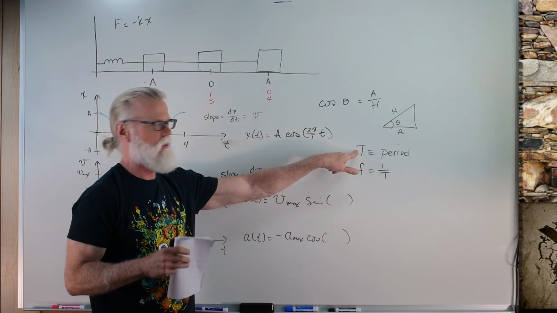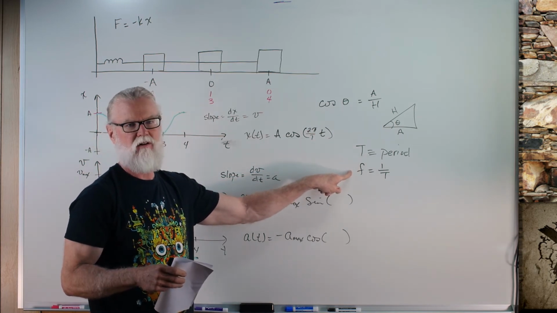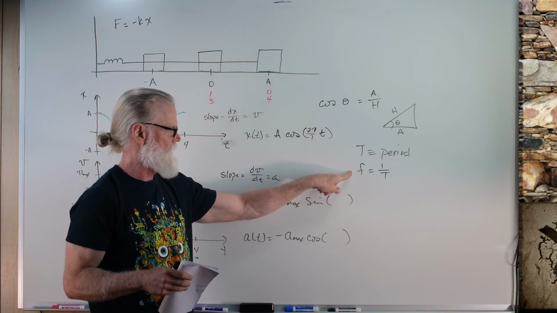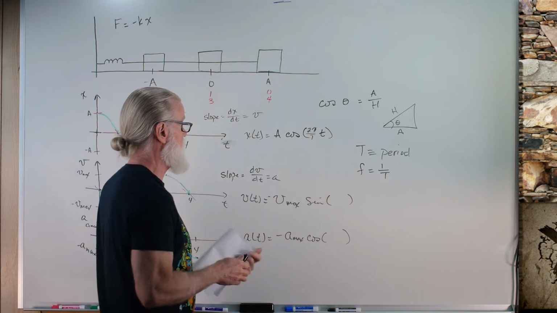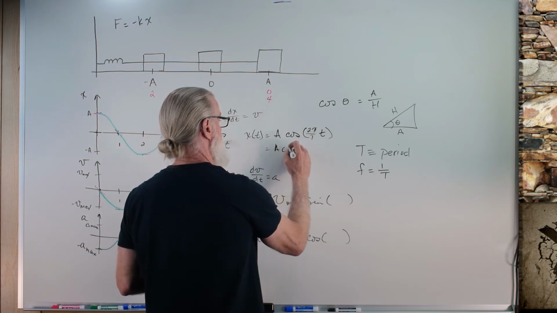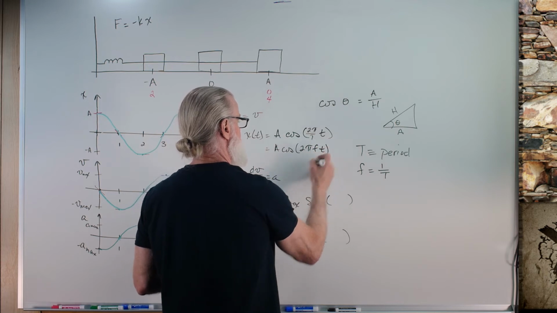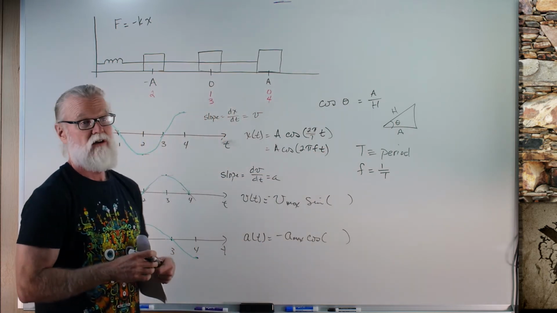Period is number of seconds per cycle, and frequency is number of cycles per second, right? So they're inverse of each other. So I could also write this like this. I could say, well, that is a cosine of 2 pi f t, right?